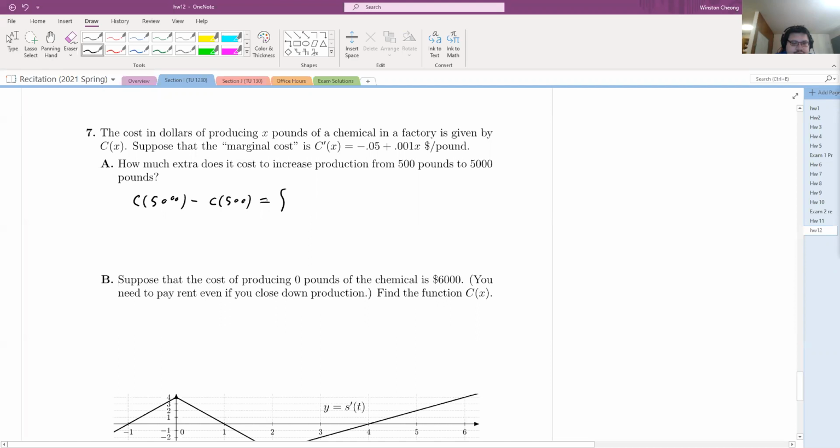And you know that one way to get to this difference is by using the integral from 500 to 5,000 of the C prime function, which is negative 0.05 plus 0.001x dx. If we go ahead and integrate this, it really doesn't evaluate nicely. I definitely did not want to compute this by hand.